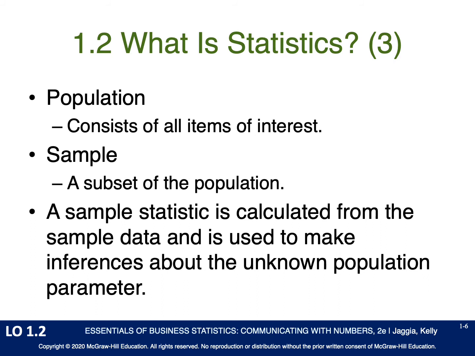Often we can't ask every single tween to fill out our survey, so we choose a random sample, and we'll talk in later chapters about how to do that appropriately. Based on what this random sample tells us, we can extrapolate that to the population at large.